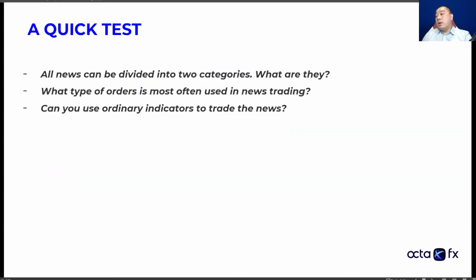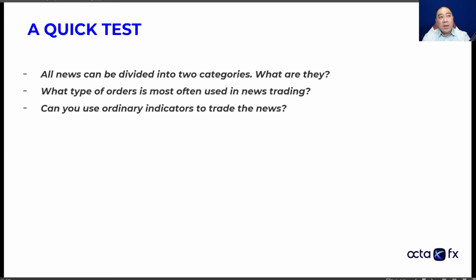Let's do a quick test before we end our session for tonight, and before we go on to the Q&A session. If you can answer me: all news can be divided into two categories. What are they? What type of orders is most often used in news trading, which is something I delved so deep into and even gave you hints about just now?